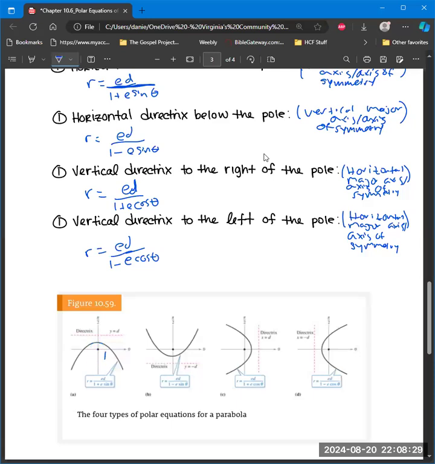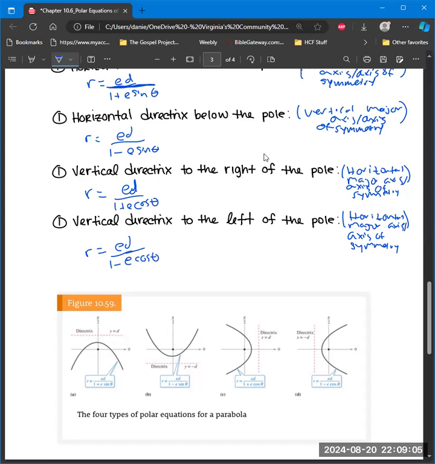If you have a focus here and a directrix down here for an ellipse, it's going to open like this, and that's still a vertical major axis. The directrix is going to be perpendicular to your major axis or your axis of symmetry. So that's an important idea. I've got kind of bad drawings, but oh well.